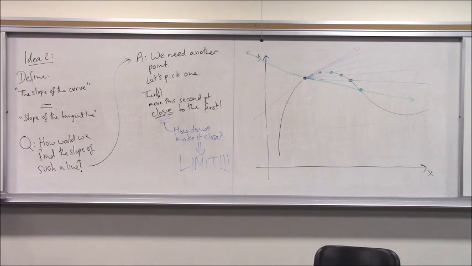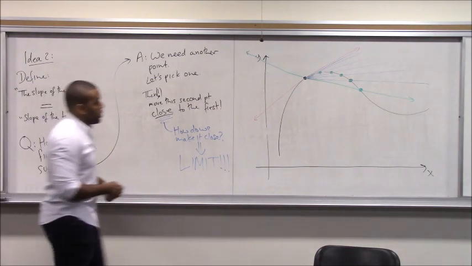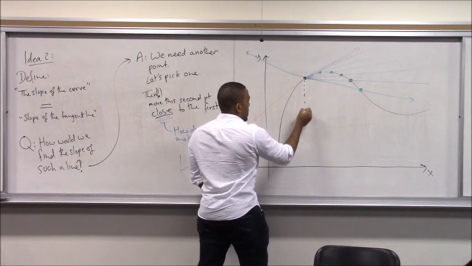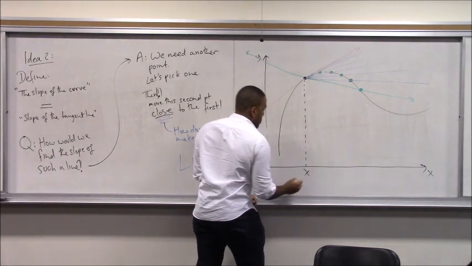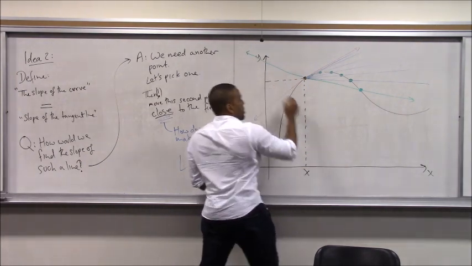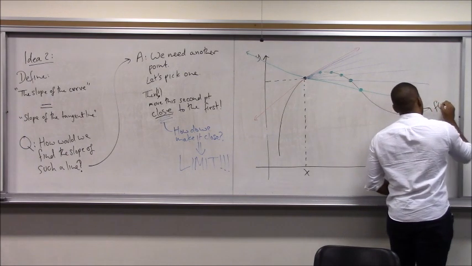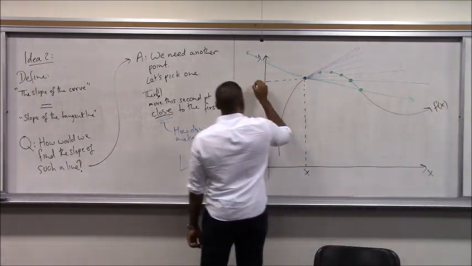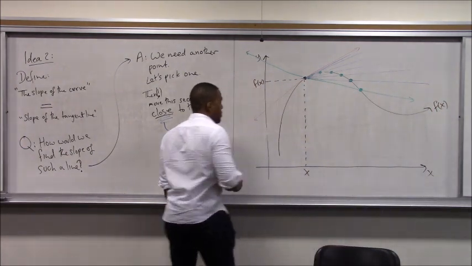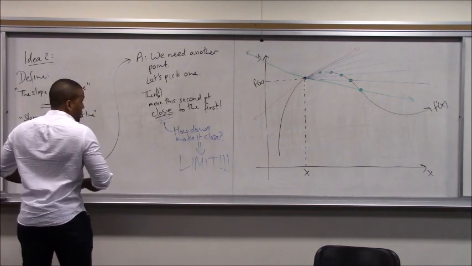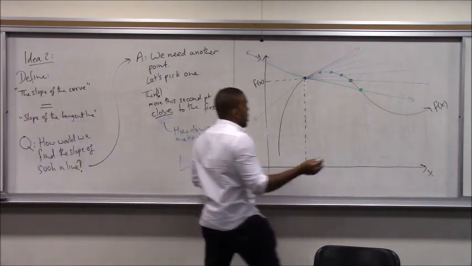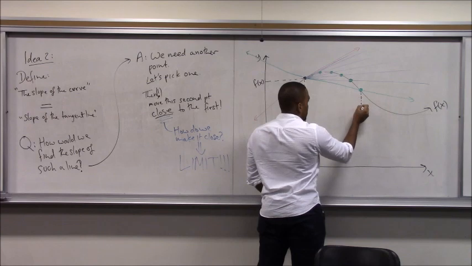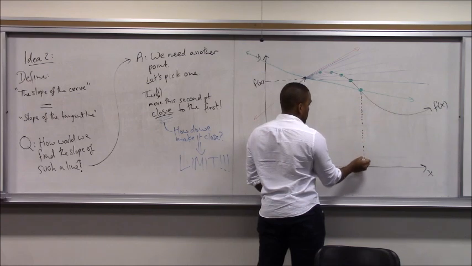Okay, so now here's how you're going to start to set it up. Let's pretend that x is the point I care about. And let's call this function f of x. So this is going to be f of x. And the setup is going to be the following. The random point that I picked in the first place that I'm going to start moving towards x.